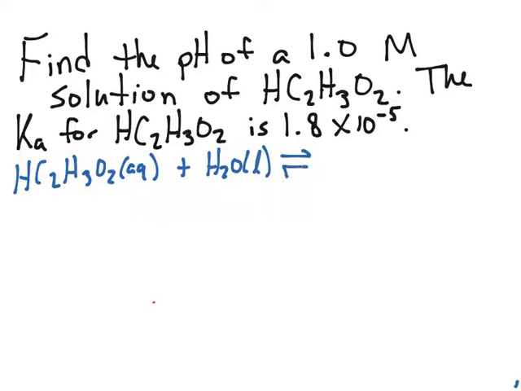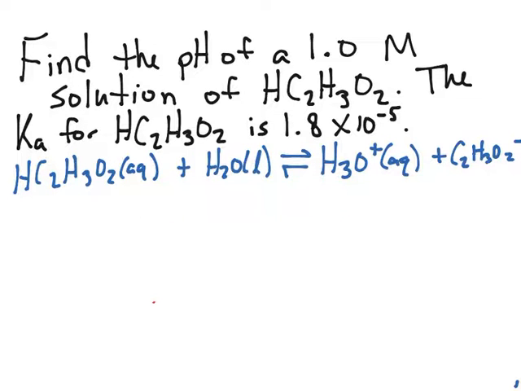We know it's going to establish an equilibrium because it's a weak acid. This H here on the front of this is actually acetic acid. That H is going to be donated, so it'll become H3O plus, aq. There's your acidic component, or the part that we'll use to measure the pH anyway. And the anion, C2H3O2 minus. I really should put aq behind that, but I don't have any more space.